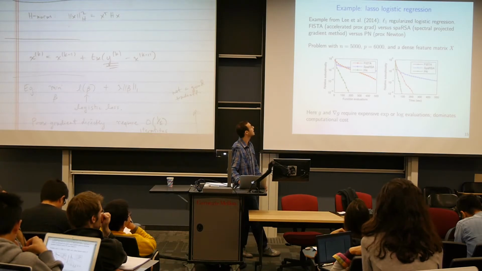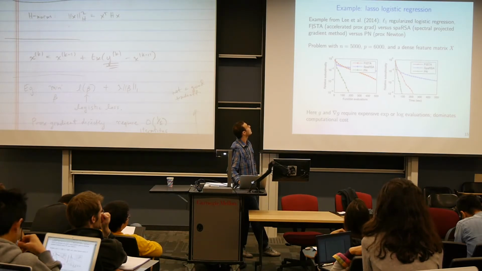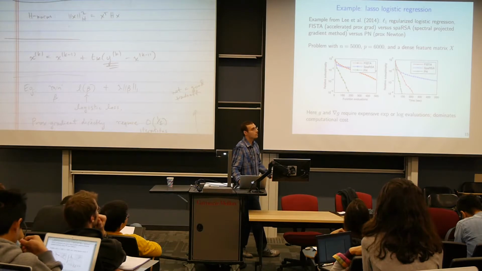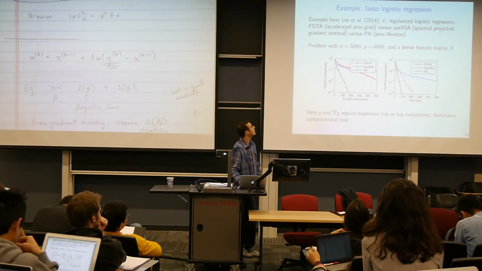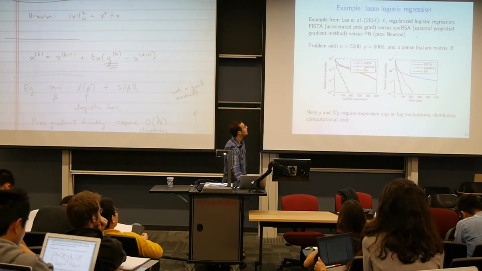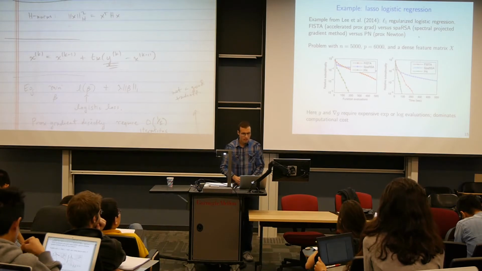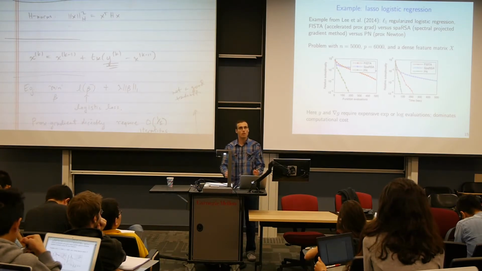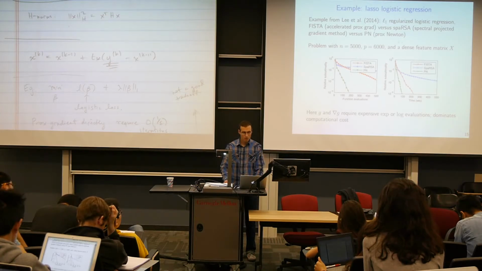Remember the name, fast iterative soft thresholding algorithm. And a third method called Sparsa. I don't really know this method very well, but it's a projected gradient method that operates in a different coordinate system, essentially. So all these versus proximal Newton.